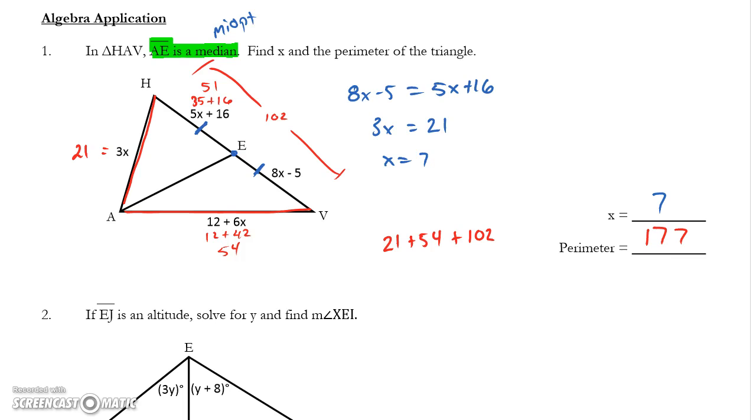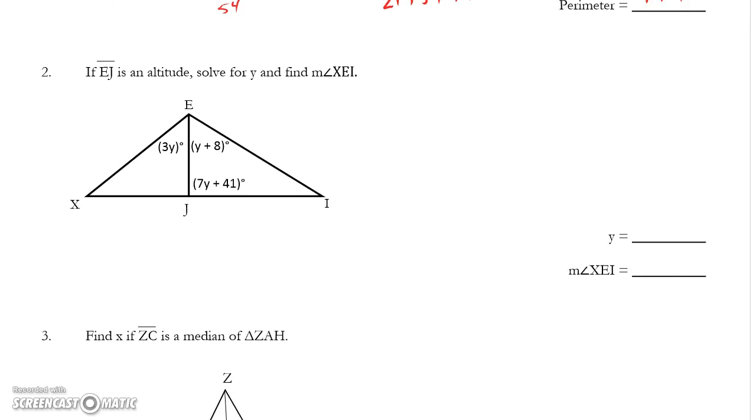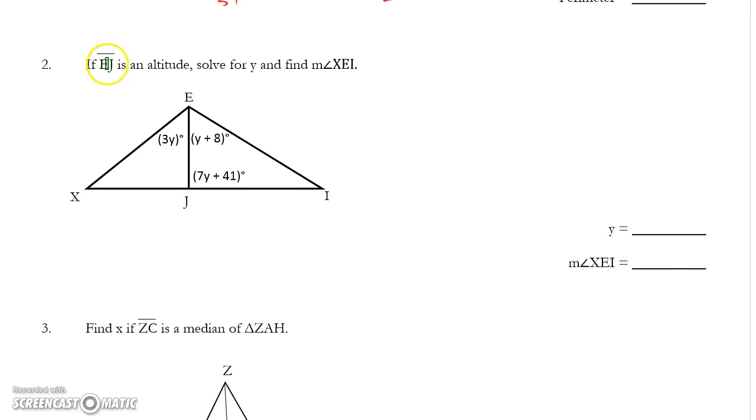Okay. Now, in number 2, again focusing on the directions, the segment that's drawn in there, EJ, is an altitude. So, an altitude means perpendicular. That's all it means. It tells me nothing about these sides, it tells me nothing about these angles.